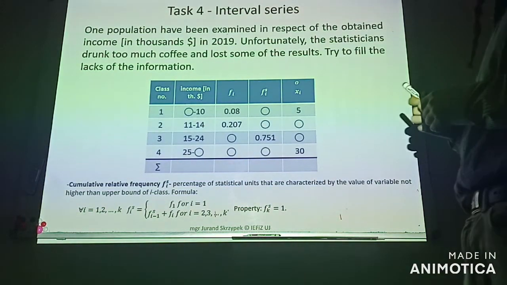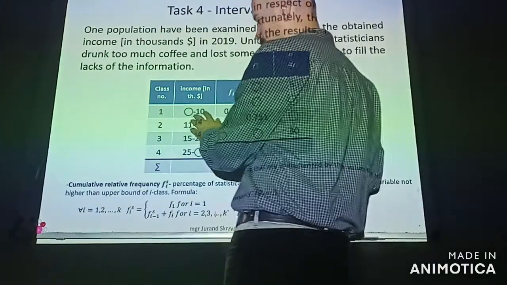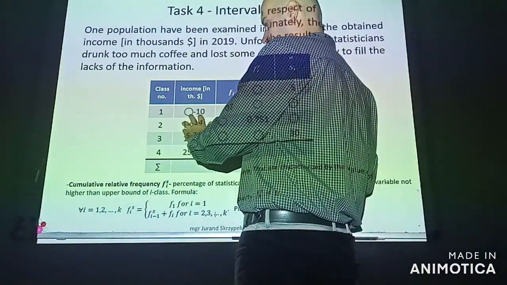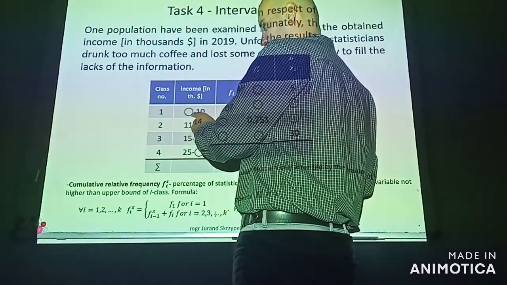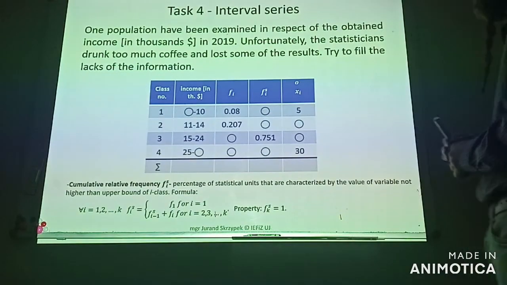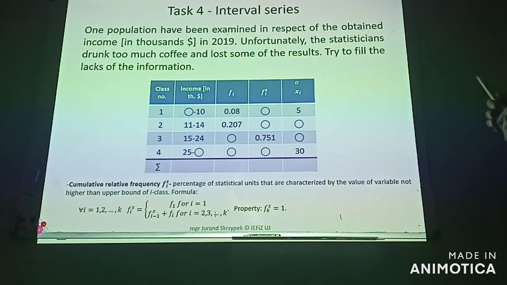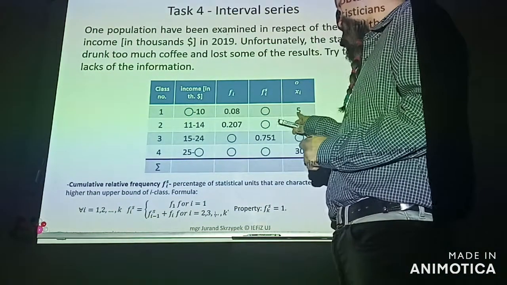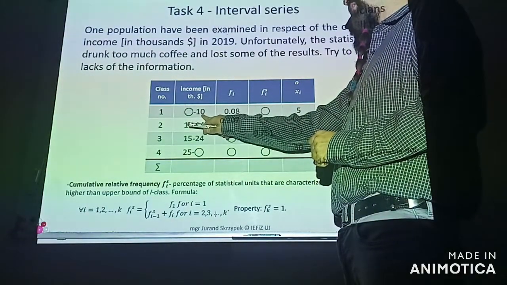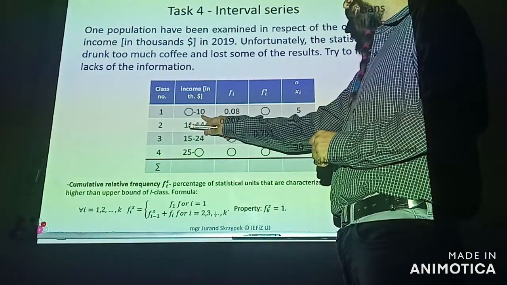So let's start to recreate the lower bound of the first class and the upper bound of the last class. What we can see here: the middle of the first class is 5. The upper bound of the first class is 10.